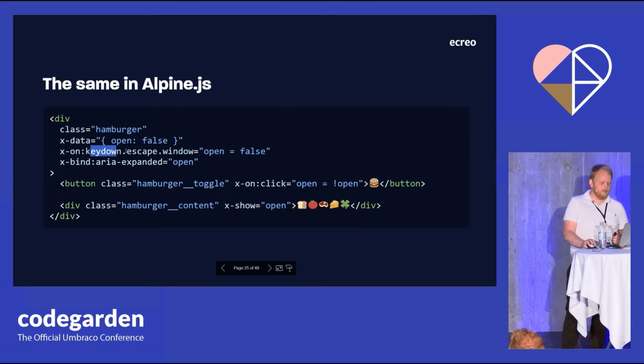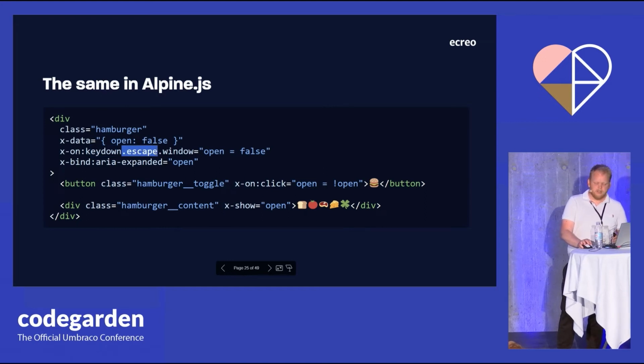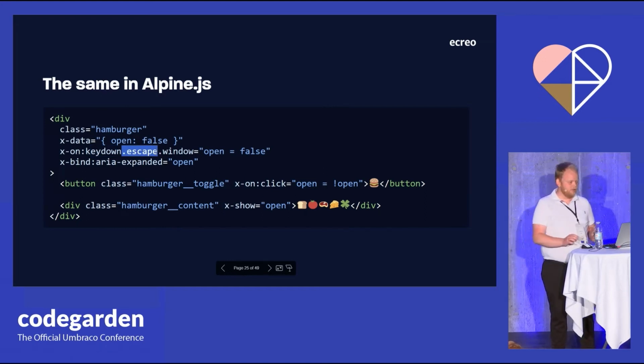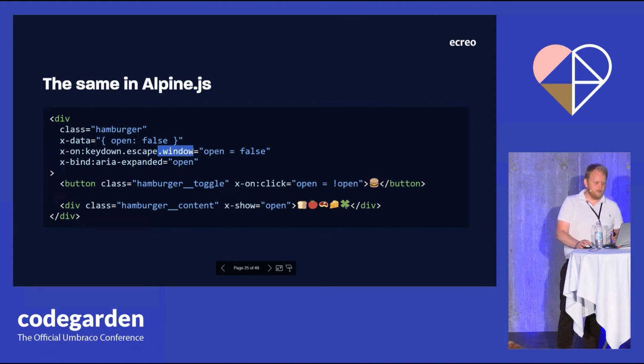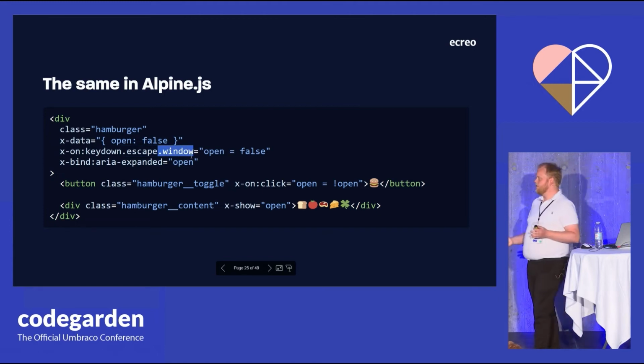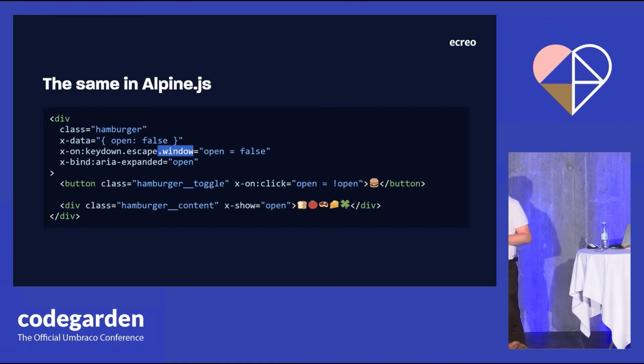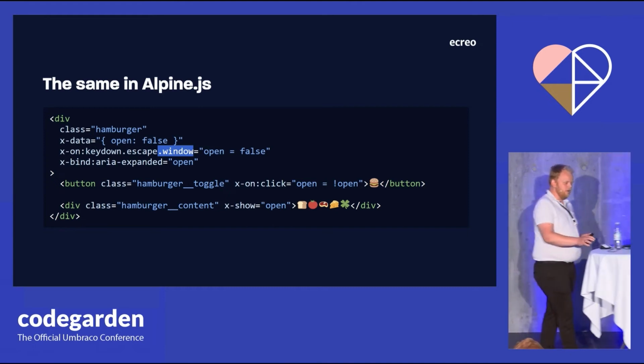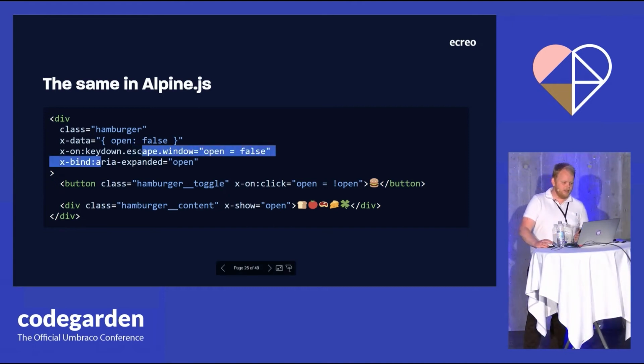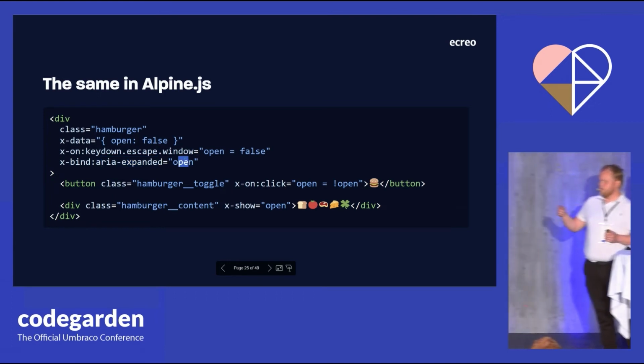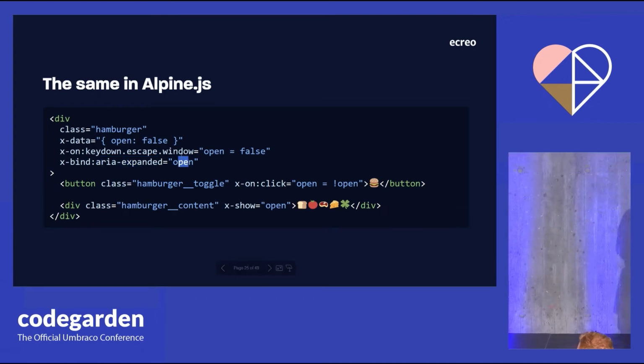We can add modifiers to these click handlers or other event handlers. So we want to listen for escape key presses, and we want to listen for them on the window object. So every time I press escape, it sets open to false. And then also I bind the value of the aria-expanded attribute to be the same as the open state. So this automatically toggles aria-expanded for me.